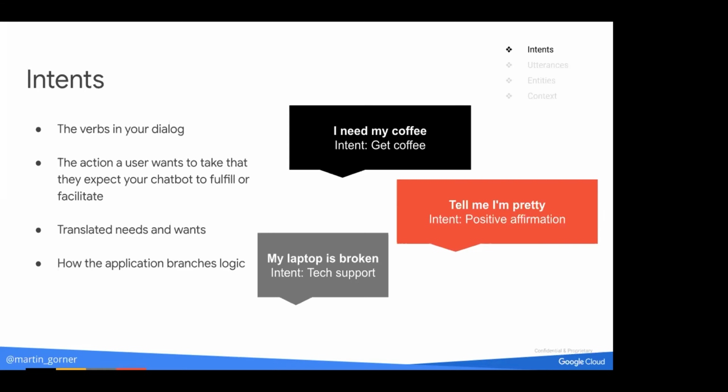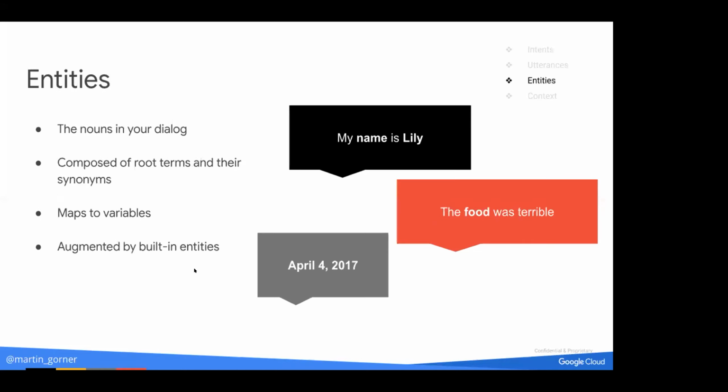These are intents, and your model has to understand these intents. The second one is entity. An entity is basically a noun: the name of a disease or the name of a person is an entity.